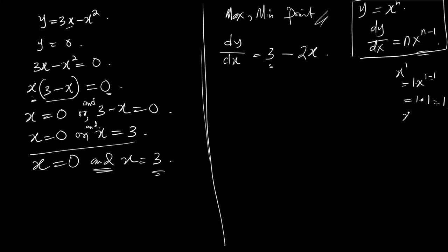Then the other one, you have x squared. If you differentiate x squared with respect to x, you have 2x raised to power 2 minus 1. So this will give you 2x. That is how we got this.